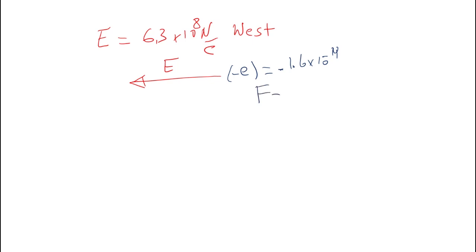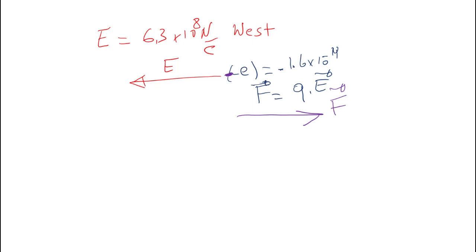This electric force is given by the charge times the electric field. The direction of this electric force will be in the same direction as the electric field if the charge is positive, and in the opposite direction if the charge is negative. In this case the electron is negatively charged, so the electric force will be eastward. If our electron is here, it will experience a force pushing it in that direction, eastward.